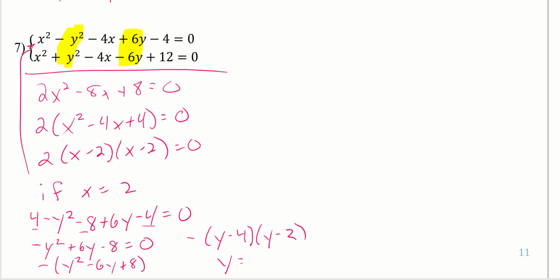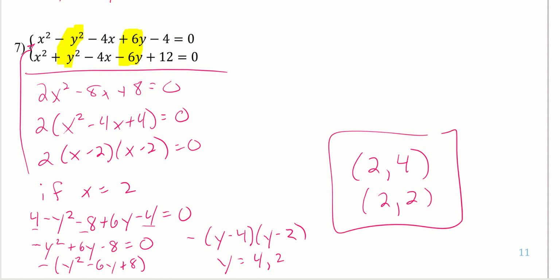And so y comes out to be 4 and 2. So given the one x value, it comes back and gives you two y values. So I would have 2 and 4, and then also 2 and 2 as my solution. Okay, so the 2 gets repeated with our two y values.